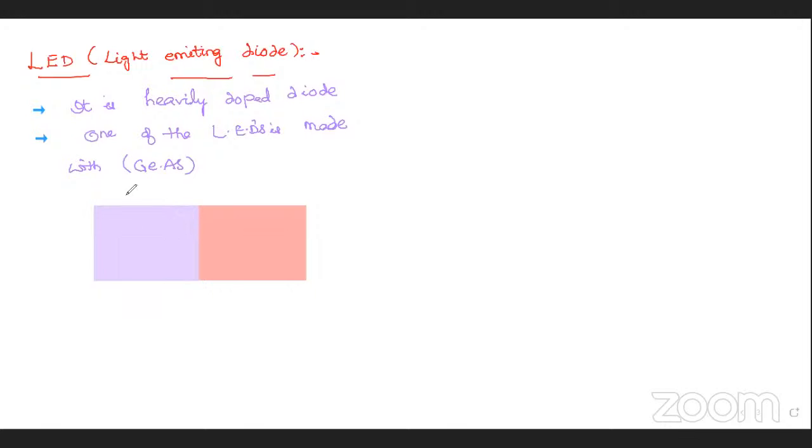Suppose this is P type and that is N type diode, and it is maintained in forward bias, Nana, not in reverse bias. Is the heavily doped Zener diode usually connected in reverse or forward, Nana? Reverse, sir. Only reverse. Why?